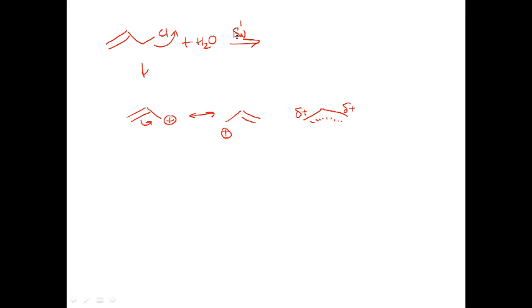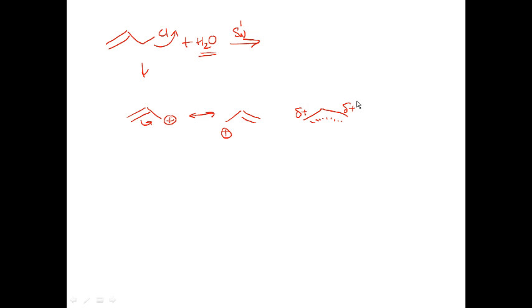And if I'm doing this reaction, the question is, the water is now going to come in and add to one of those delta plus charged carbons, and I'm going to end up in this case getting two potential possible products, although they would be identically the same.